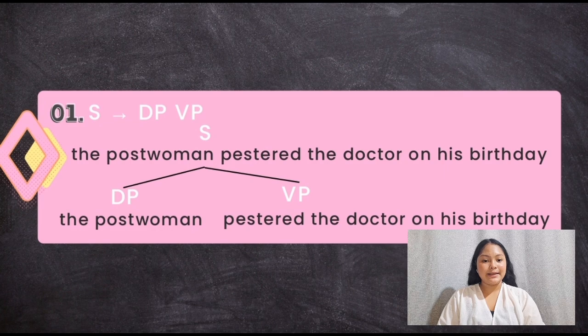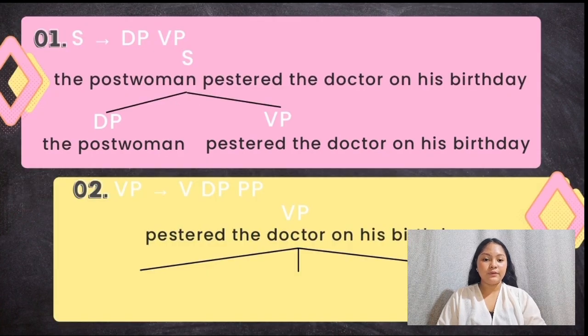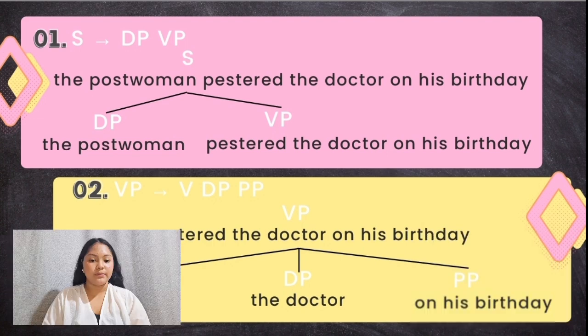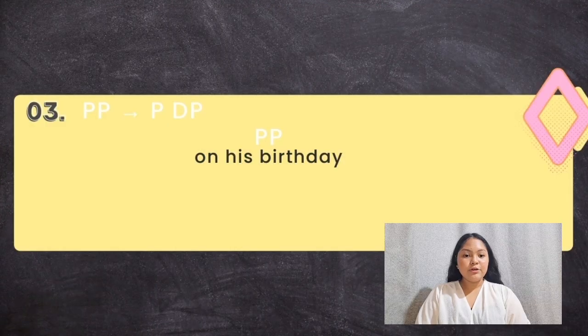But that doesn't end yet. Let's now examine the VP to V, DP, and PP. The symbol VP stands for the verb phrase, and it breaks down into first the verb, which is pestered, and the phrase the doctor is the determiner phrase since it is the object receiving the action. And on his birthday is the prepositional phrase because it tells us when the action happened. Let's now move on to what makes up the prepositional phrase.